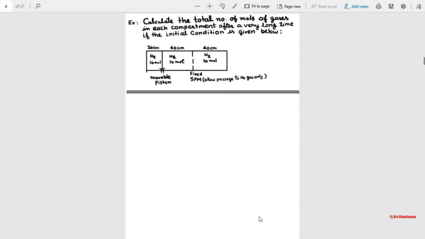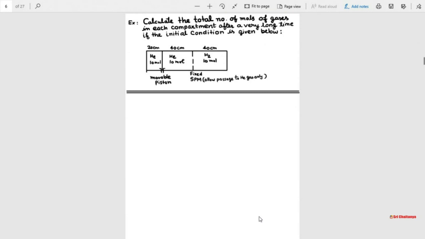That means the partial pressure of the gas which is diffusing on one side and the other side of the container will be the same. Then we'll say that the diffusion is completed. So calculate the total number of moles of gas in each compartment after a very long time if the initial conditions are given below, right?